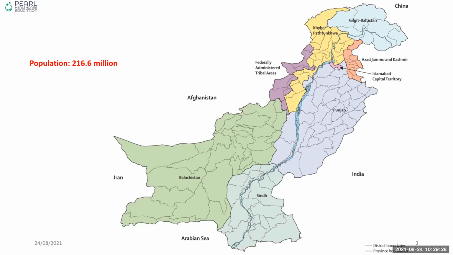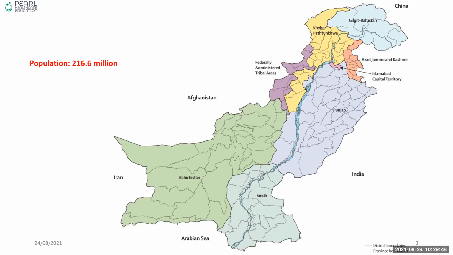Pakistan is located in South Asia, and we are surrounded by India, the Arabian Sea, Iran, Afghanistan, and China. We are divided into provinces, which include Khyber Pakhtunkhwa, Gilgit-Baltistan, Punjab, Balochistan, and Sindh.